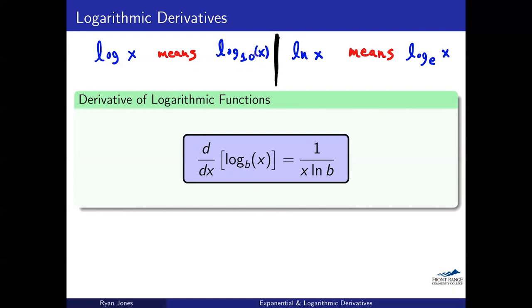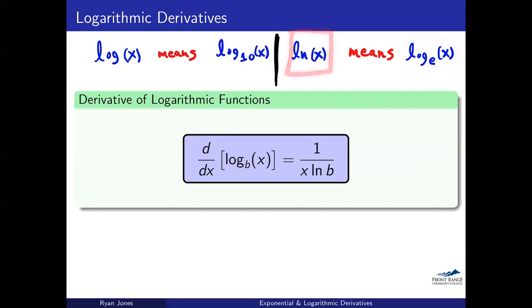Let's go ahead and put some parentheses here too. A lot of times you don't have to put parentheses around these. I'm just going to now, just to be clear. So natural log of x, ln of x, means the exact same thing as log base e of x. Basically, log base e of x pops up so often that we just give it a shortcut name here, ln of x.